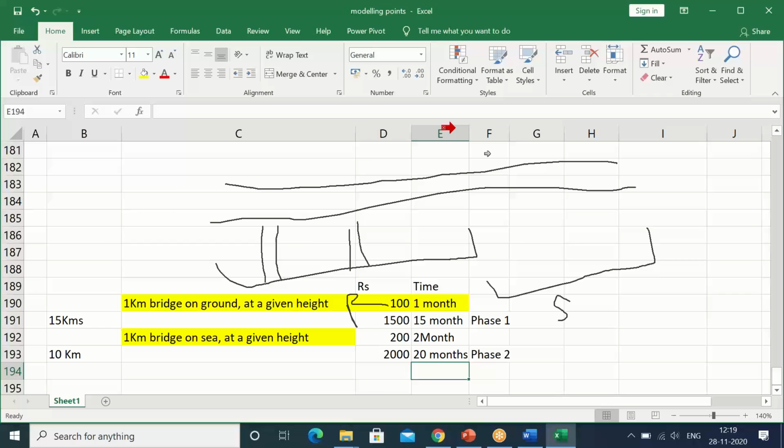What it means is, if I have to construct a 1 kilometer bridge on the sea, that 1 kilometer requires 200 rupees investment or cost, and it will take 2 months for construction of that 1 kilometer stretch. Whereas if I construct the same stretch of 1 kilometer on the ground at a given height, it takes only 1 month and 100 rupees.